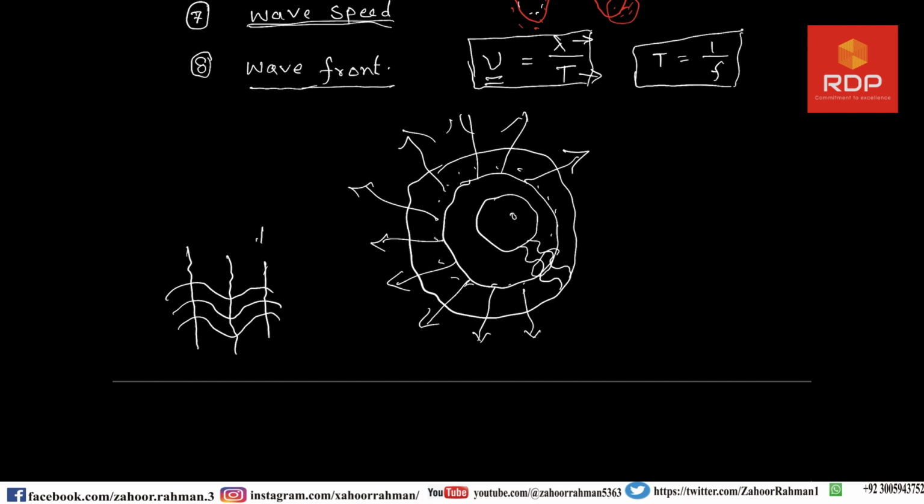So these lines are called wavefronts, and wavefront is a term which is commonly used in circular waves.